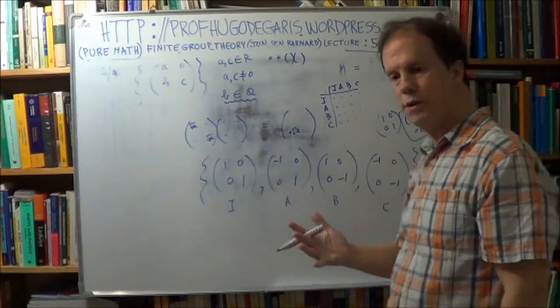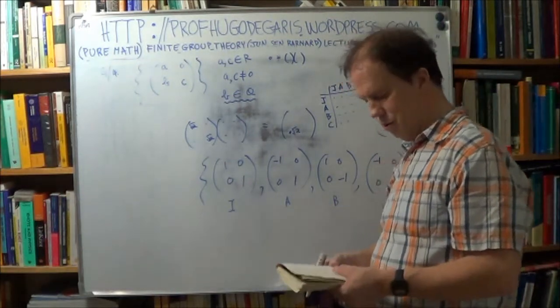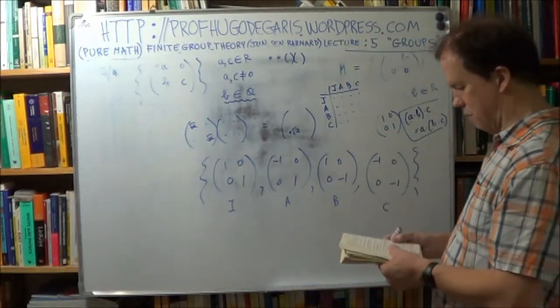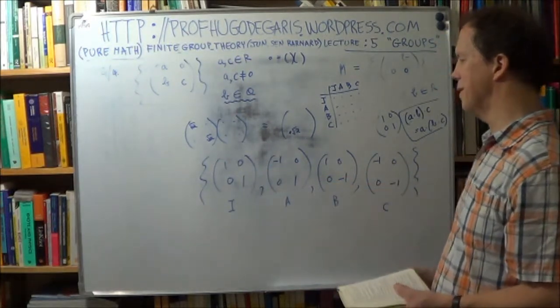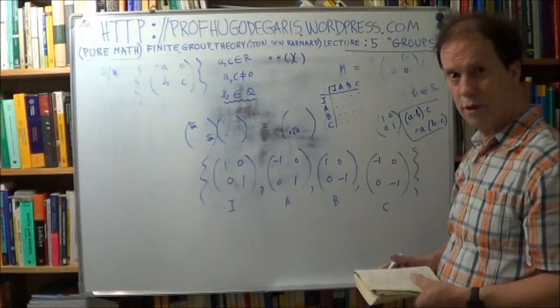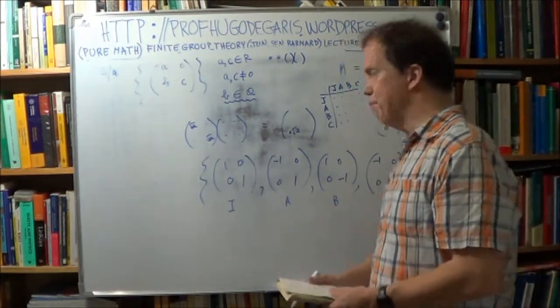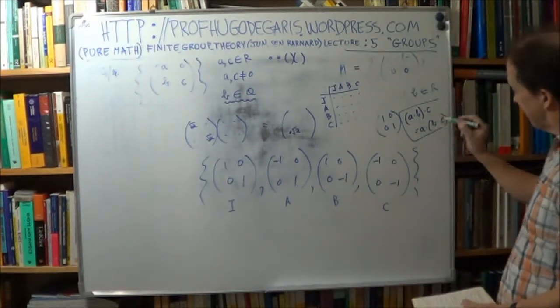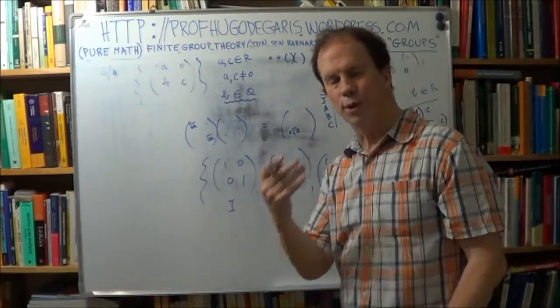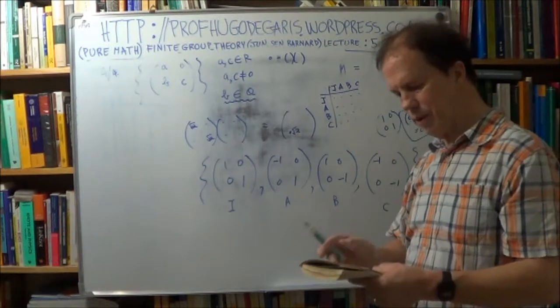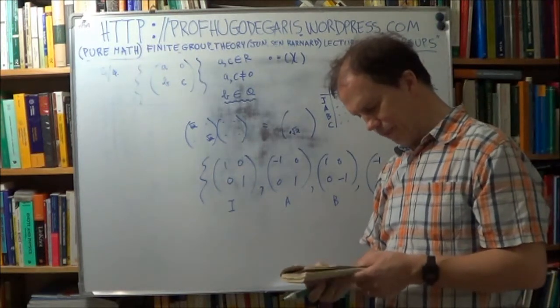So the inverses exist. So you show that this set of these 4 2 by 2 matrices is a group, because it satisfies the 4 criteria. But the proof of associativity, painful. 64 cases. Maybe there's a smarter way if you can think of it.